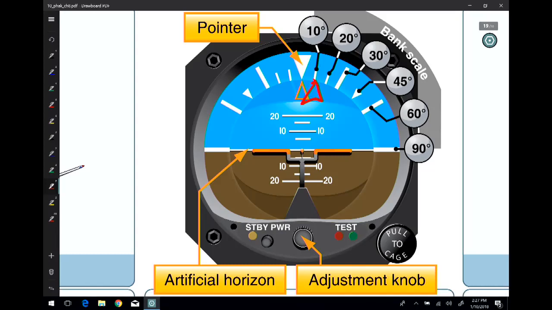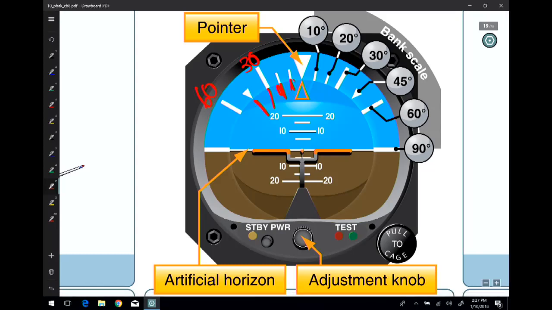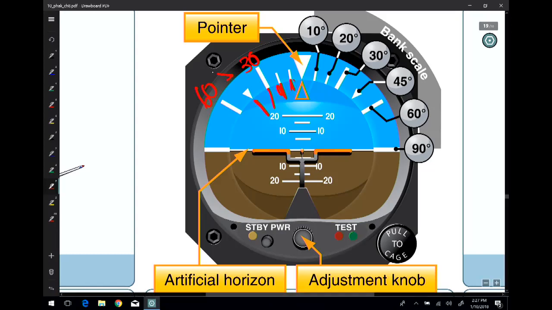You'll see what that looks like in just a second. And these are what the hash marks mean: 10 degrees, 20 degrees, 30 degrees, 45 degrees, and 60 degrees. It is very, very rare that we would ever bank an airplane 60 degrees, but that's on there.